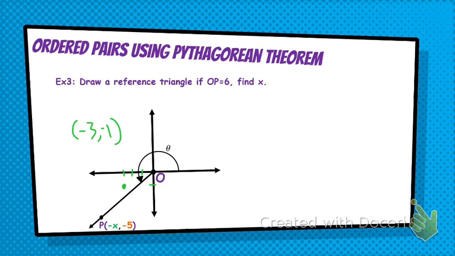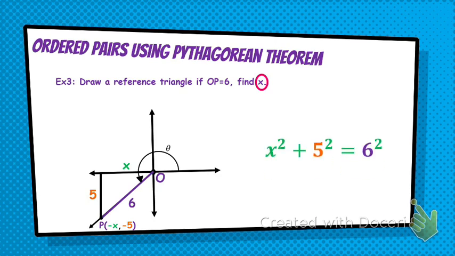That's because x is negative, and then the y is also negative. So let's construct that triangle. This is going to be my x. There's my y value coming from my ordered pair that I was given. And then my OP was given to me in the problem as 6.